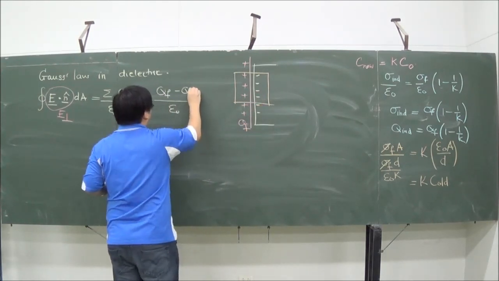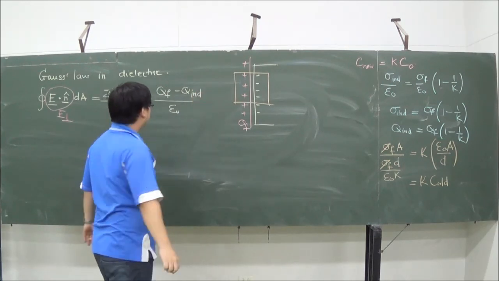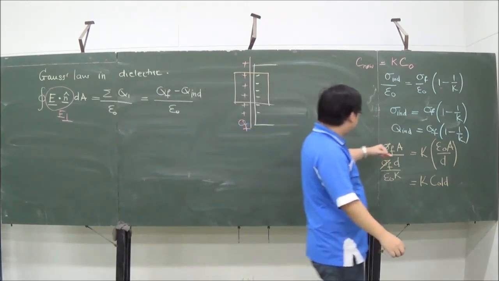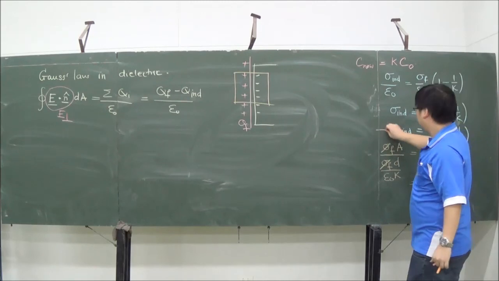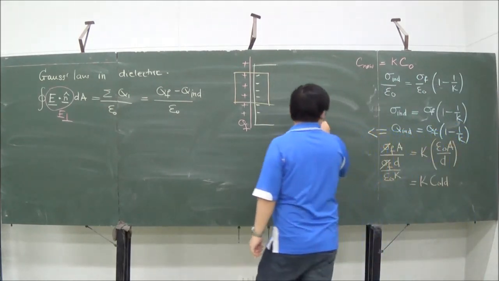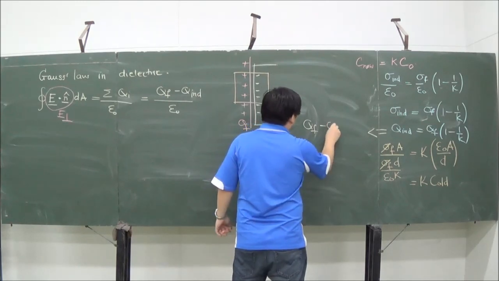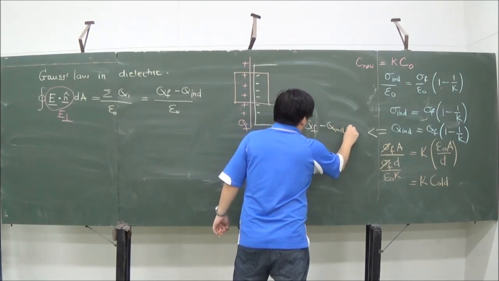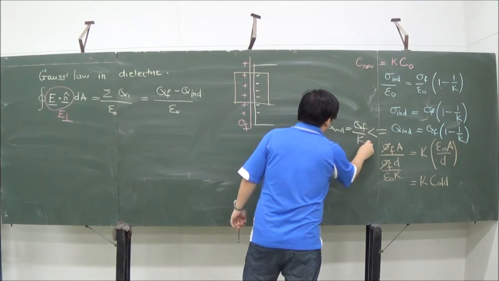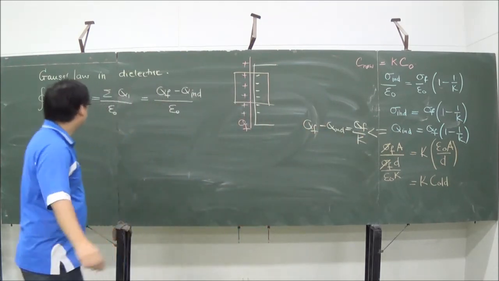Let's call it Q induced. And you see from this equation, Q free minus Q induced equals Q free divided by kappa.